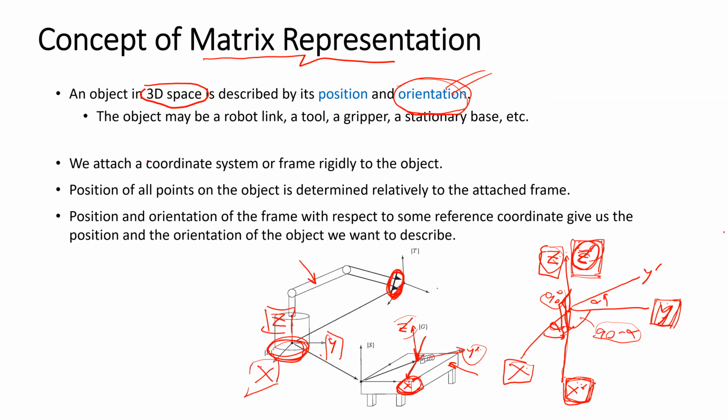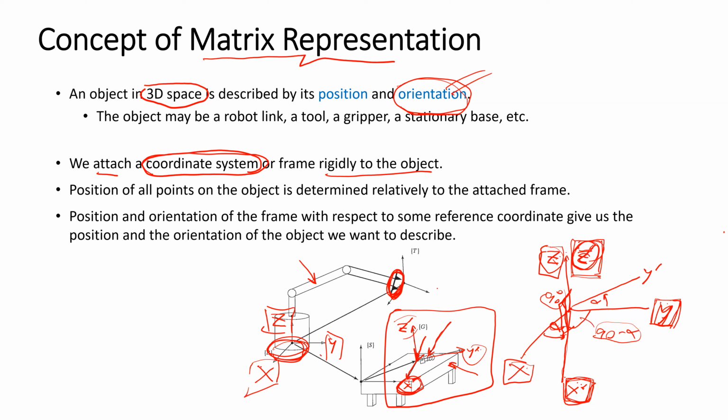But we attach a coordinate frame rigidly to the object, which means here we put the coordinate X prime, Y prime, and Z prime rigidly on an object. Here the object is a screw on a table, which means that if the screw moves by 10 centimeters, our frame also moves by 10 centimeters.